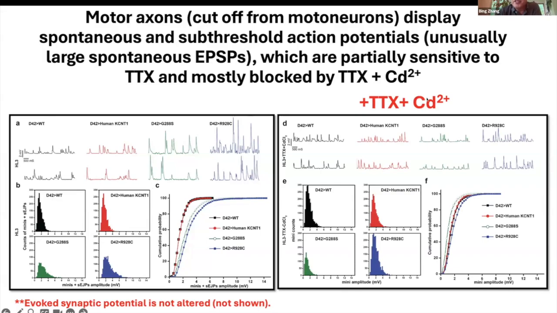However, if you block calcium channels, eventually everything comes down. So this suggests there's some increase in sodium channel as well, perhaps calcium current as well, in this terminal, which we have not verified with calcium imaging. So how can that be possible? You have a nerve terminal without a cell body, you have spontaneous local depolarization going on, triggering neurotransmitter release.